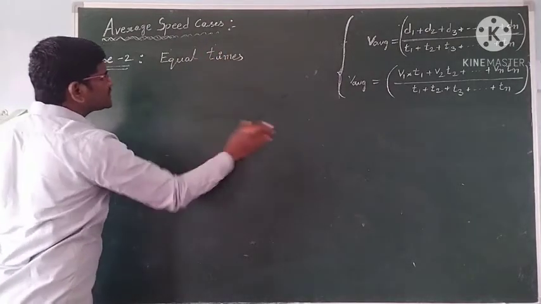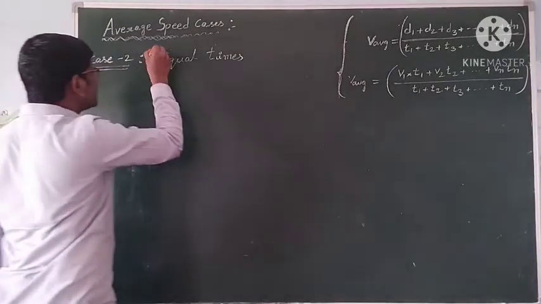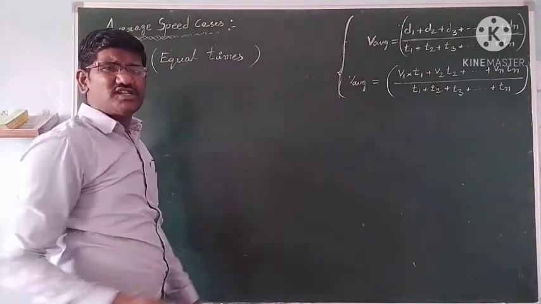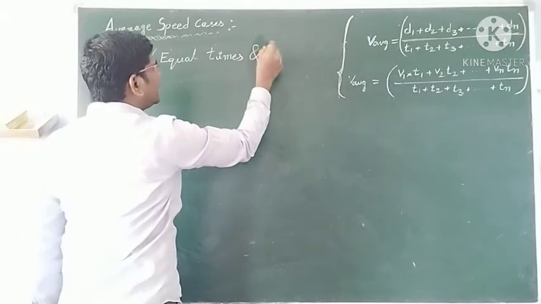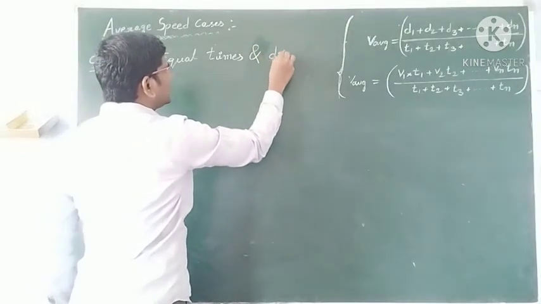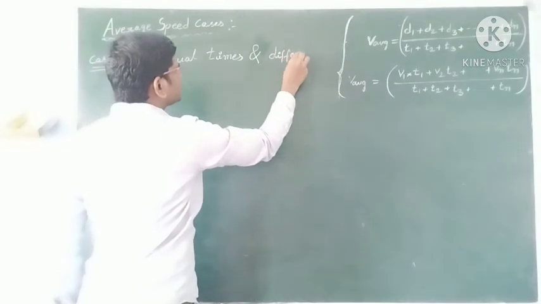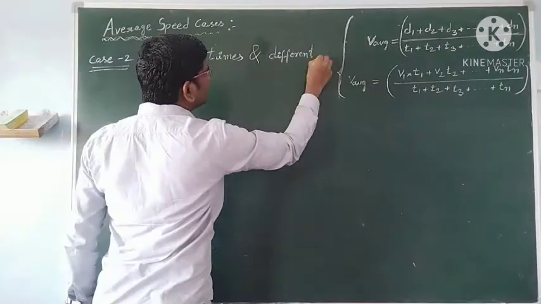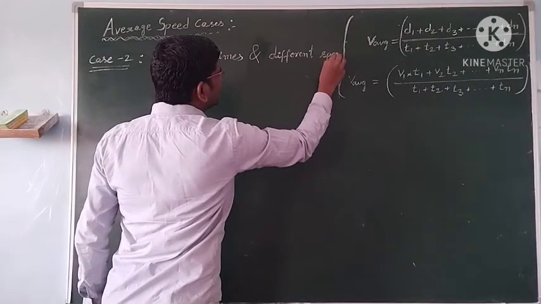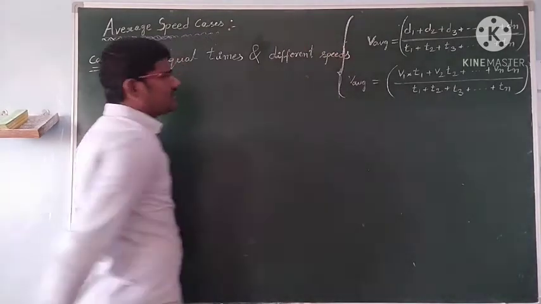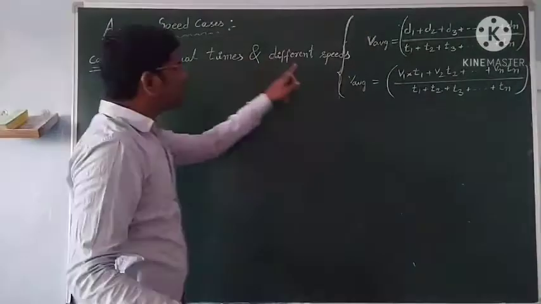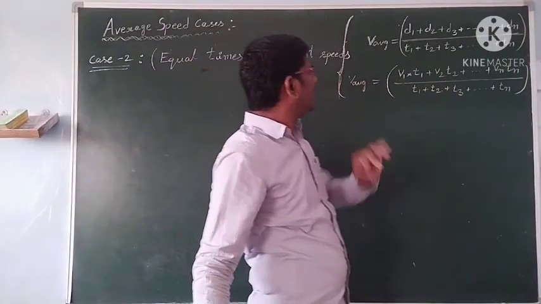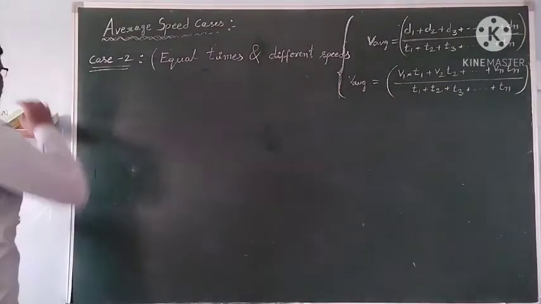Equal times with different speeds. Times are equal, speeds are different. Then how does our average speed change, you see students? Times we have, times and speeds. Then this is the formula. So what is the formula, you know students?